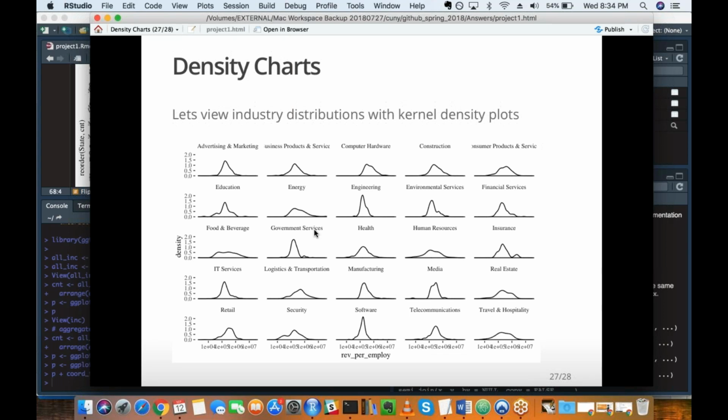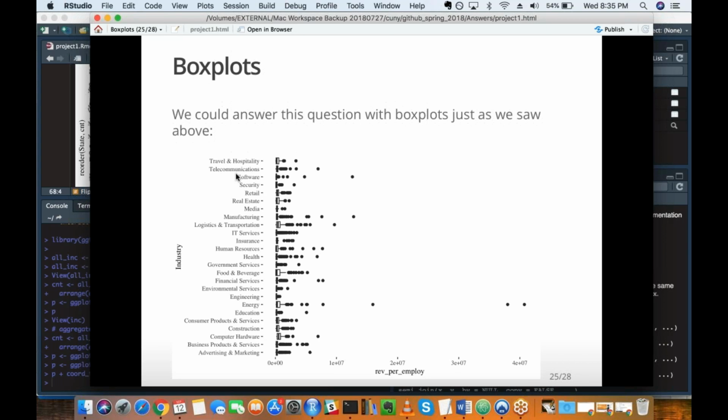And as you can see here, this is just adding geom box plot. But one additional way of looking at information like this would be to use density charts. Another form of density plot is a violin plot. A violin plot is actually the same method of doing a kernel density, but it's made to look more like a box plot.